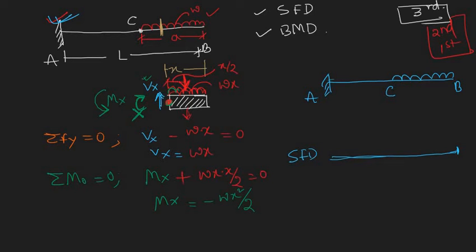At B, x is how much? At B, x is 0, so shear force is also 0. At C, x is how much? a. Here is the dimension, so shear force is going to be w times a.